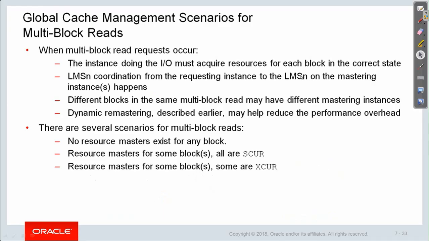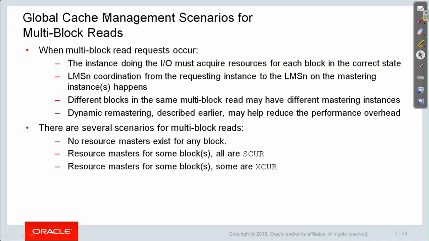And if this were a multi-block request, it's exactly the same. In the example we saw here, we only requested a single block, but if this were a multi-block request, the scenario would be exactly the same. When multi-block read requests occur, the instance doing I/O must acquire a resource for each block in the current state.